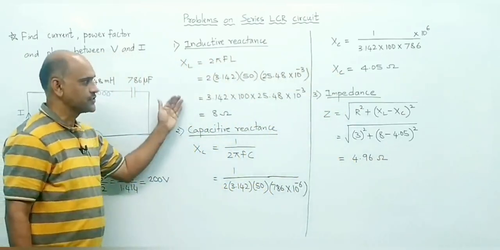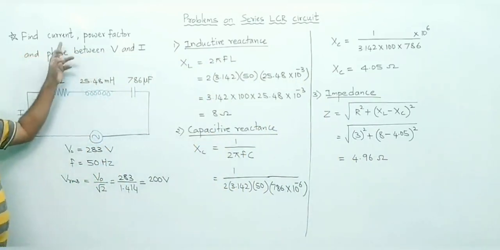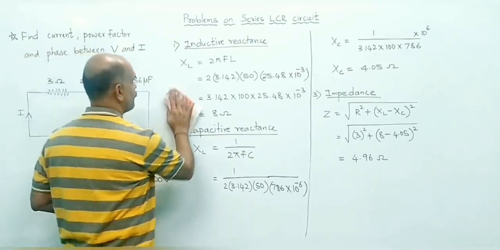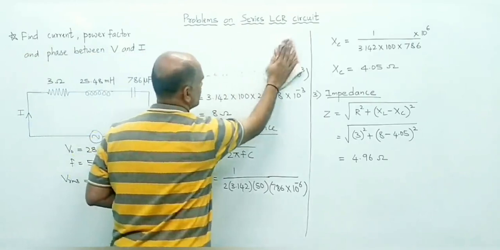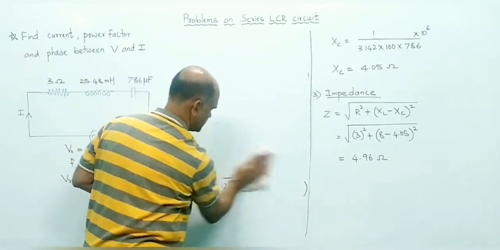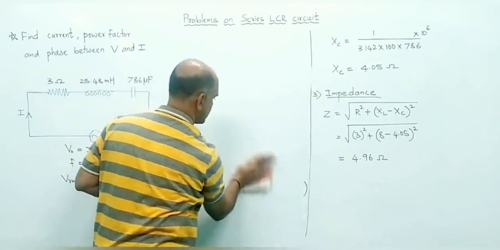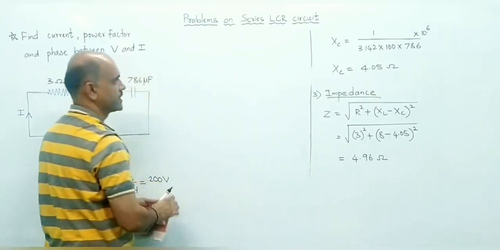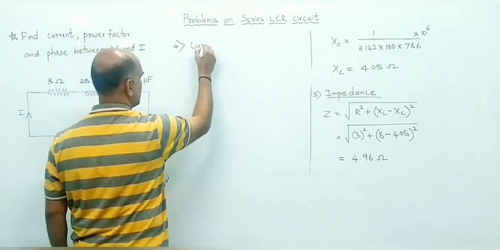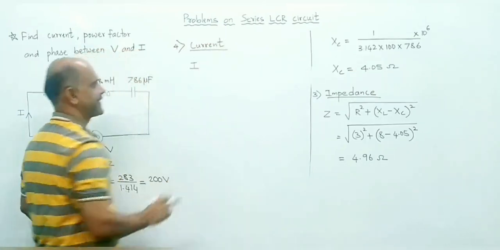Clear students? You can pause, solve these 3 steps. Then we will find current, power factor and phase. In the fourth step, we will find current. Current here means root mean square value.